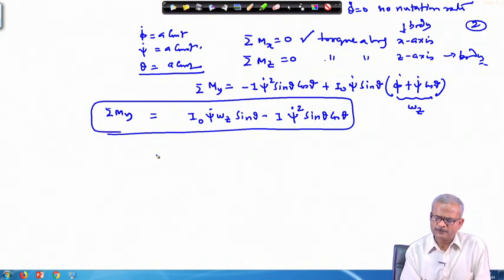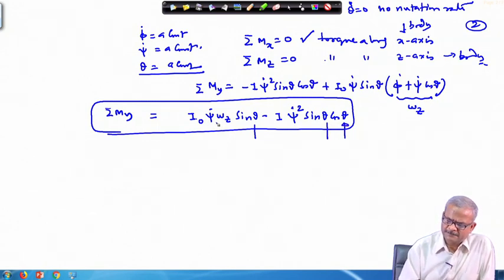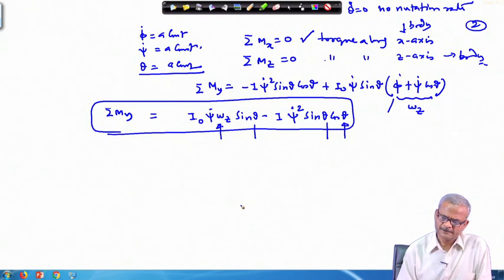So, this is the amount of torque required. You can see that theta is a constant here. Only psi dot and phi dot, which has gone into this omega z, are present.